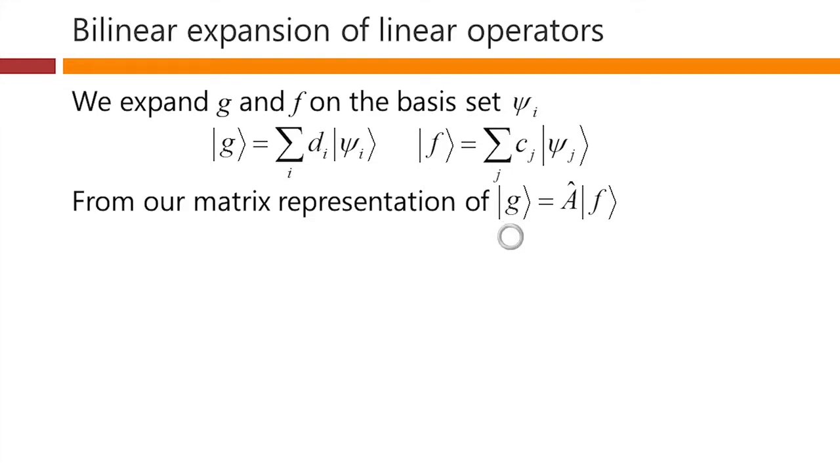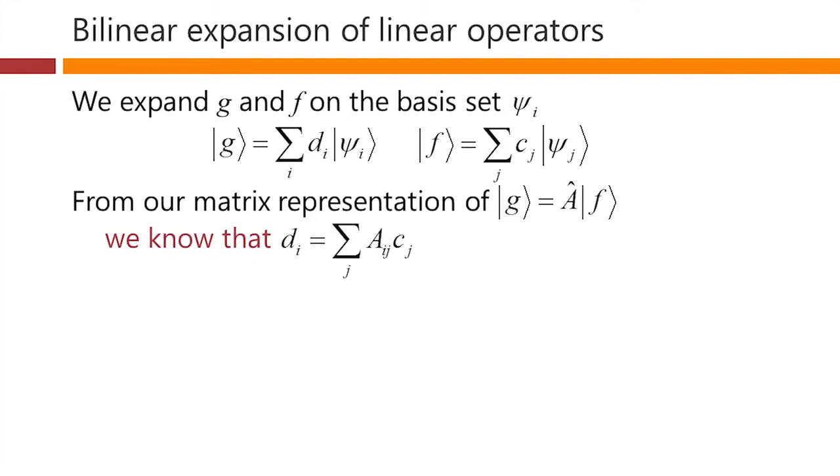We have a matrix representation of g equal to A operating on f. And when we did that, we know that we got that di would be the sum over j of aij times cj.